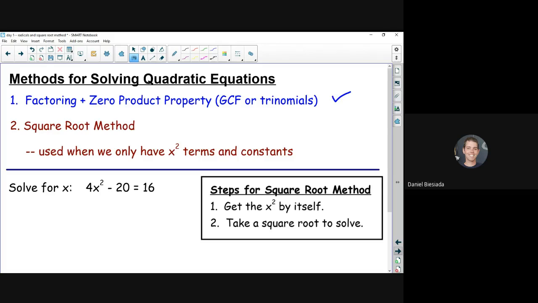We're just adding a little bit to it in this video. So the first thing you should know is that we only use the square root method when we only have, and this is important, x squared terms and constants. And what that means is that we should not be using the square root method when we have the regular x terms in the middle.